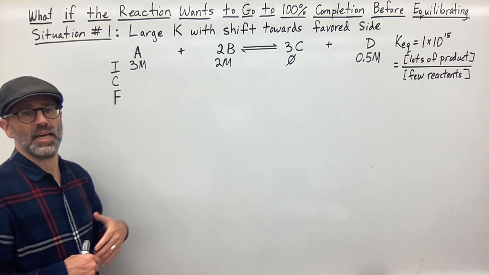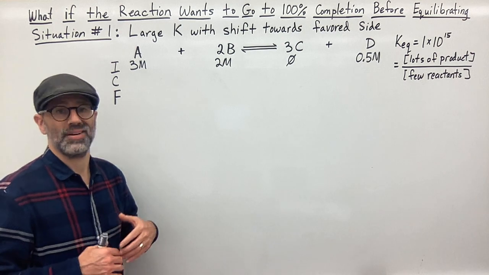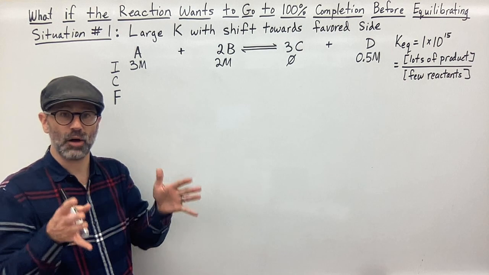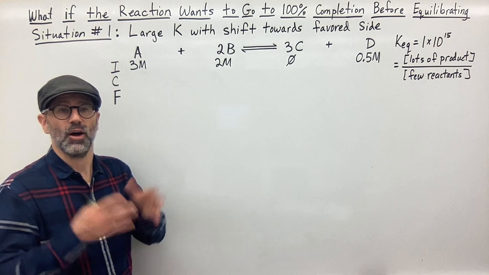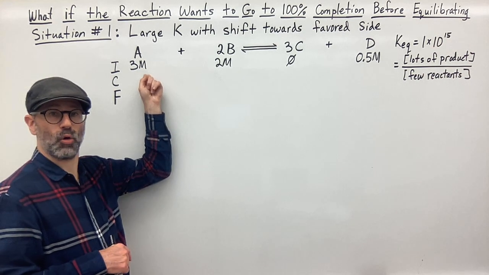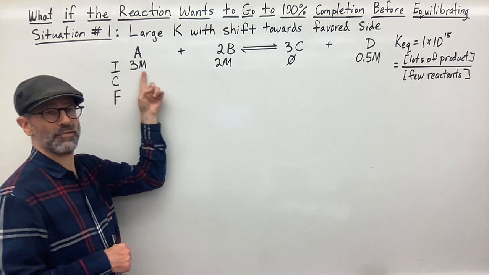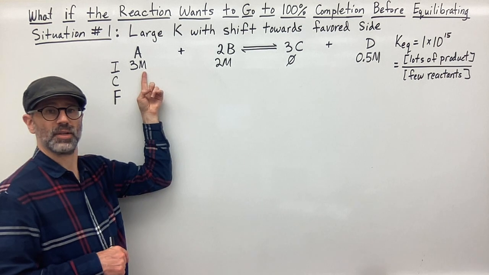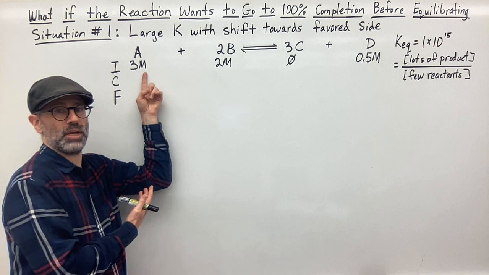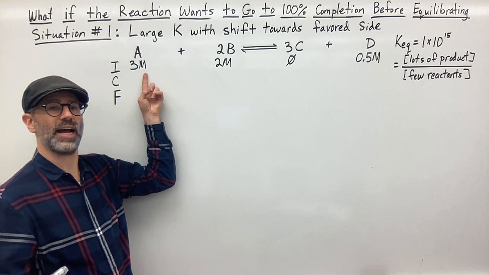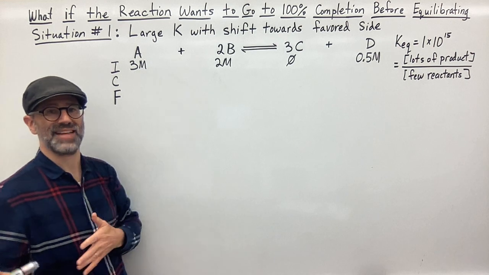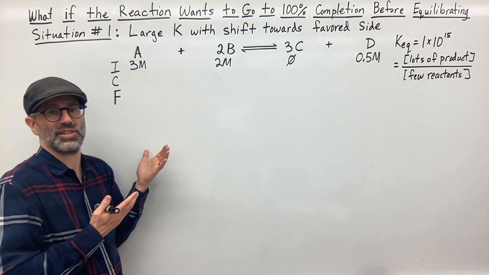For example, if I'm told that I have 1 liter of solution, my molarity is moles over liter. So if I have a 3 molar solution and 1 liter of solution, I have 3 moles. So the molarity is the same as moles, so I can just use the same numbers.